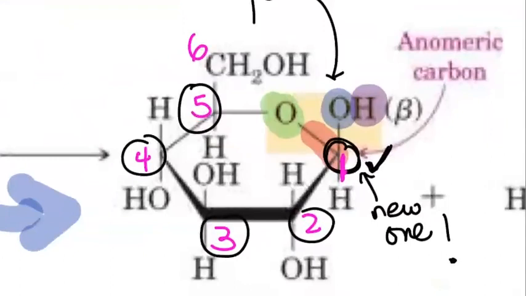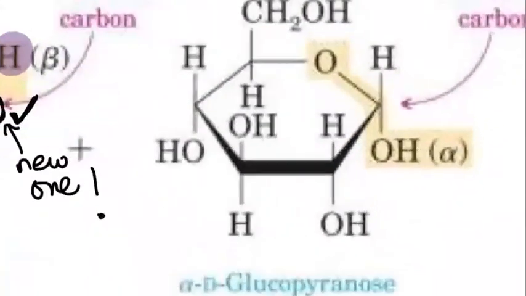That's why you see that beta right there in the corner. The anomeric position is always in that corner in a cyclic monosaccharide, the first carbon on the right when you look at the bond from the oxygen. If the OH at that position is pointing up, that is the beta conformation for your monosaccharide. If the OH is pointing down at the anomeric position, that is known as the alpha configuration, okay?